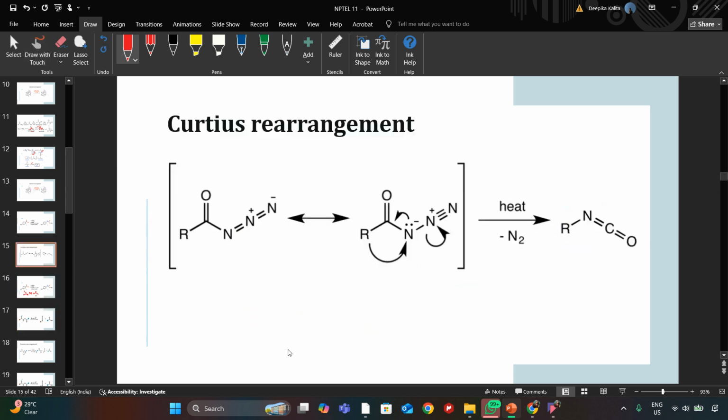Now, as has been shown here, the nitrogen will then fall off, giving a nitrogen molecule elimination as shown here.